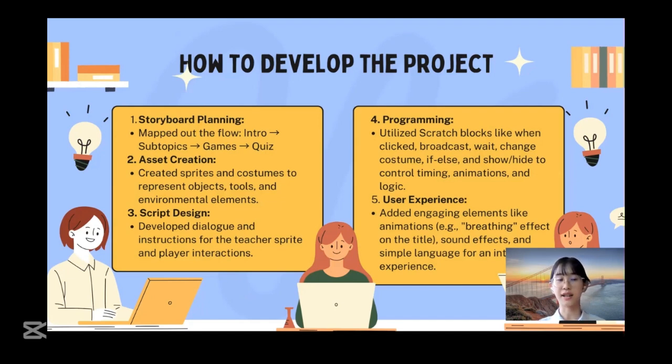During step 2, asset creation, I created sprites and costumes, which are the background of the game, to represent the objects, tools, and environmental elements. For step 3, I designed the script. Over here, I developed the dialogue and instructions for the teacher sprite and the player interactions.